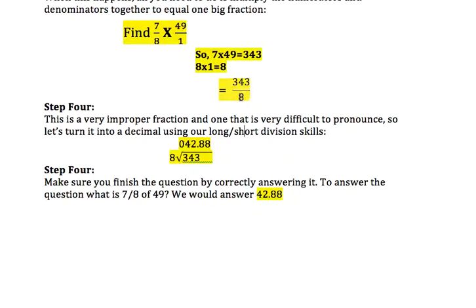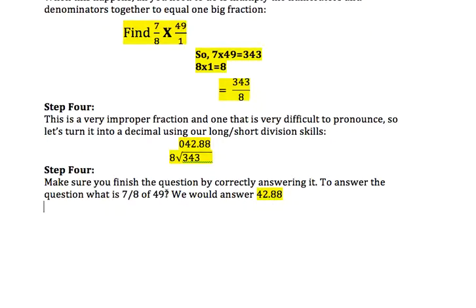So we're saying how many of these fit into that. I figured that out over here. How many 8s fit into 343? My answer is 42 88/100. That's how I would finish my question.